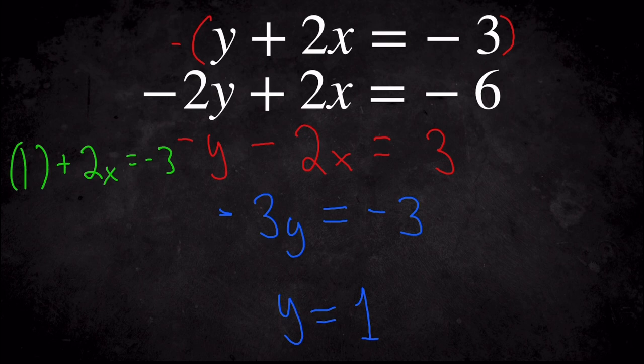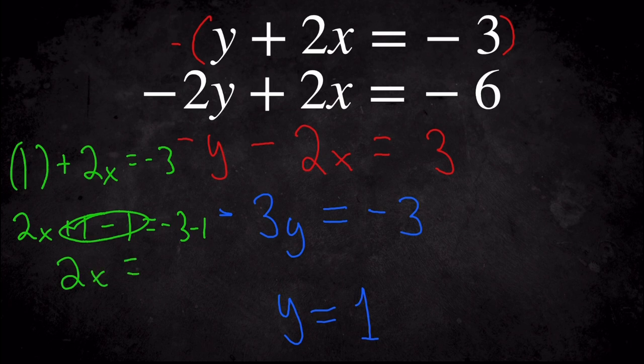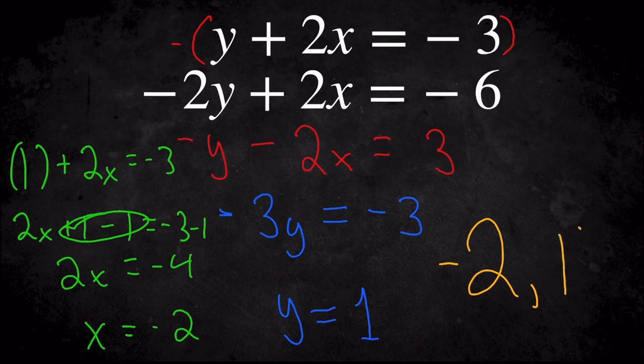Subtract 1 from both sides, so that would be 2x plus 1 minus 1 equals negative 3 minus 1. This becomes 0. 2x equals negative 4. Divide both sides by 2. x equals negative 2. So the answer for this problem is negative 2, 1.